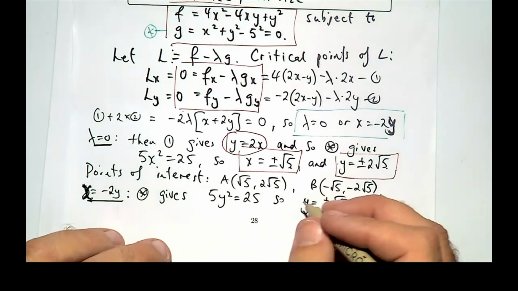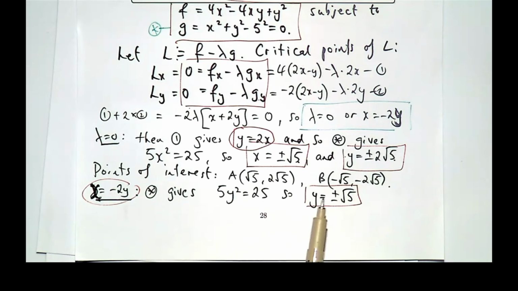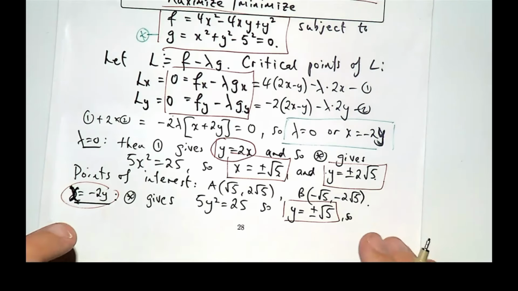Now, because we're going to change the sign, we'll get, say, root 5, negative 2 root 5, and negative root 5, positive 2 root 5. Something like that. All right, so our other pair of points of interest.